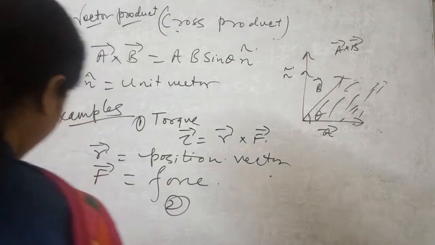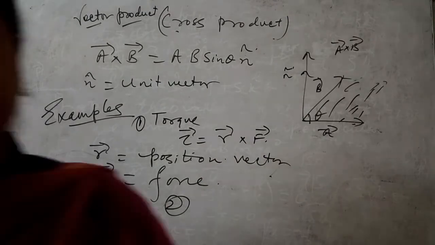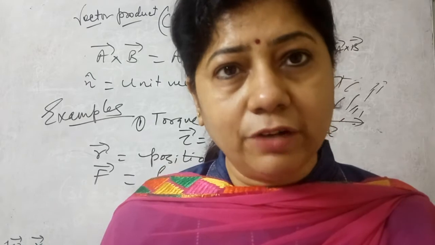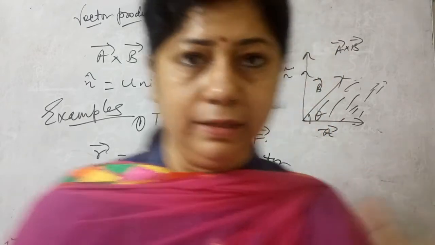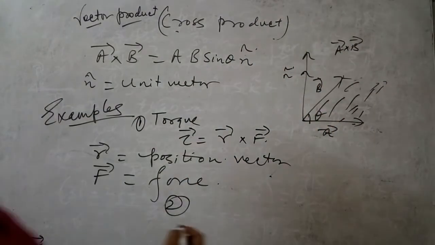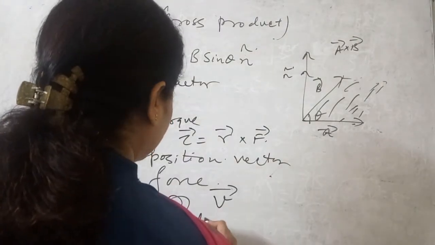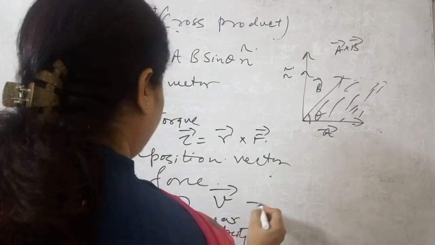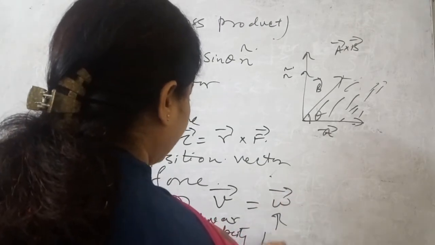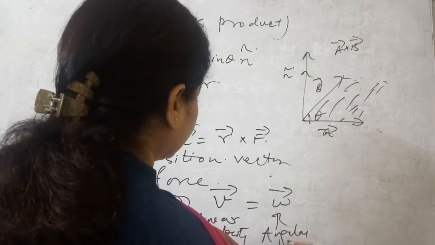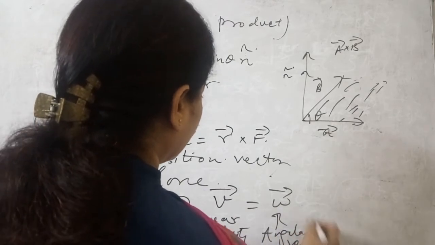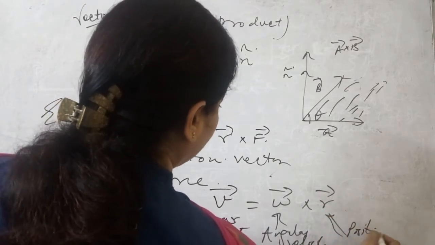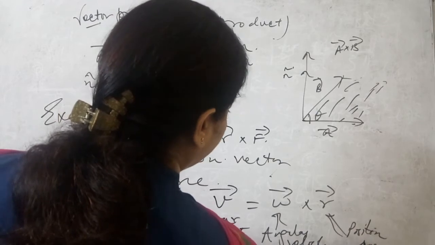Second example: if we have v as the linear velocity and omega as the angular velocity, then they are related by the term v vector, the linear velocity, is equal to omega vector, the angular velocity, cross r vector, which is again the position, generally the radius.